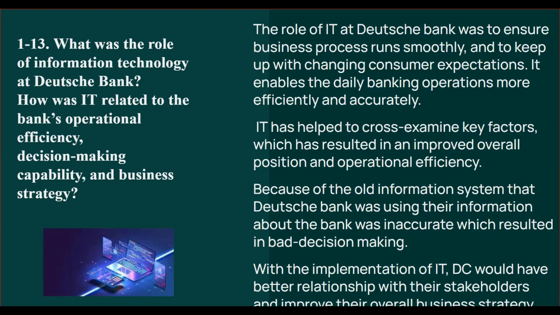IT also helped to cross-examine key factors, which has resulted in an improved overall position and operational efficiency. Because of the old information that the bank was using, their information about the bank was inaccurate, which resulted in bad decision-making. And with the implementation of IT, the bank would have better relationships with their stakeholders and improve their overall business strategy.